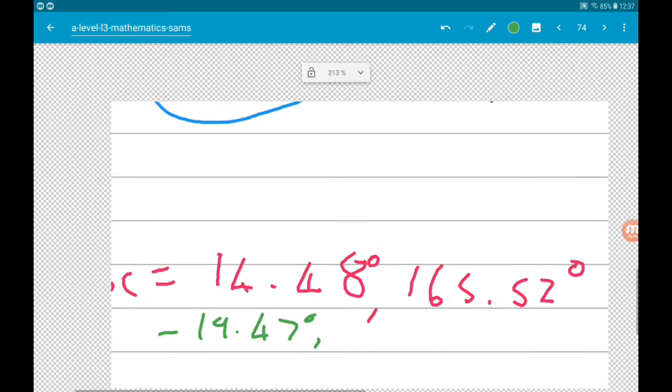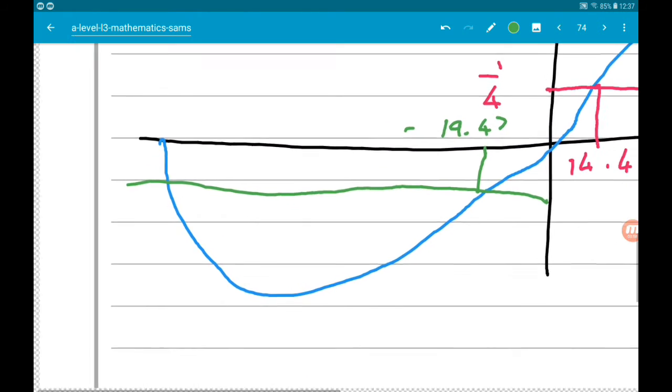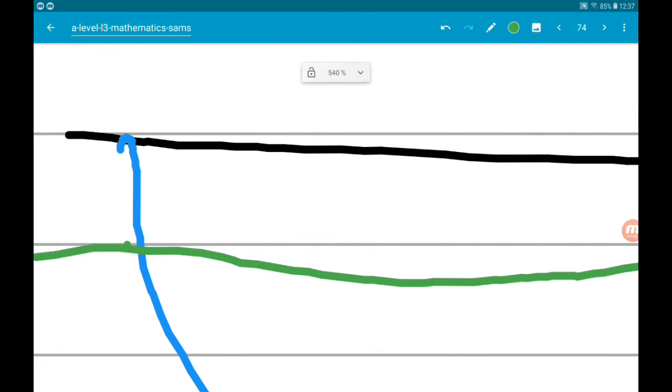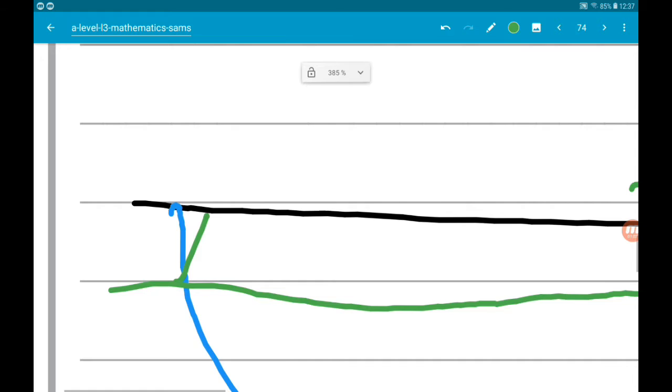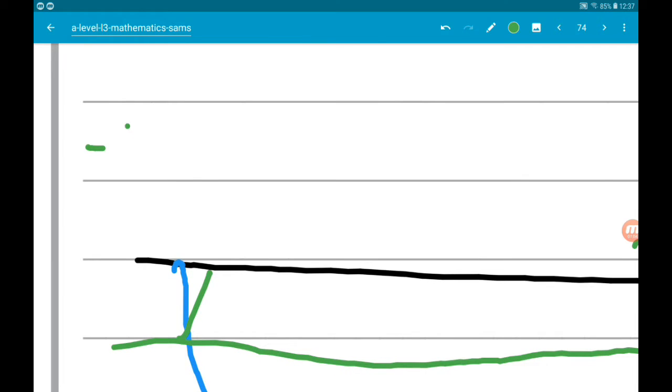And again, by the symmetry, this chap over here is minus 180 add 19.47.